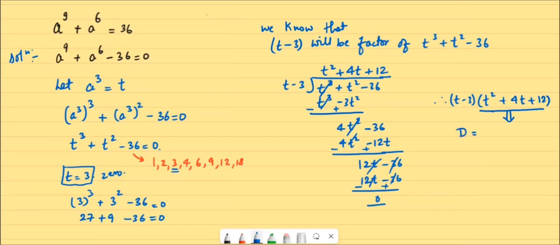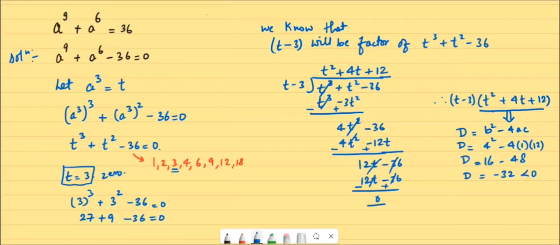Discriminant is defined as b squared minus 4ac, right? So now when I solve this, b is 4, so 4 squared minus 4, a is the coefficient of t squared which is 1, and c is 12. So I see here that it is 16 minus 48, which is actually negative 32, and it is less than 0.